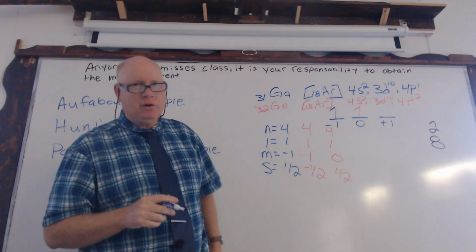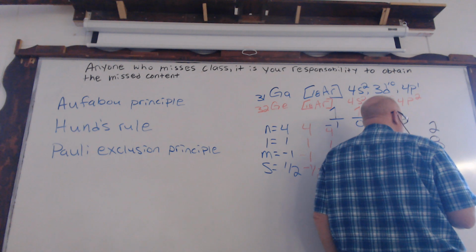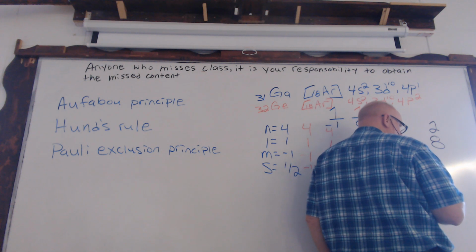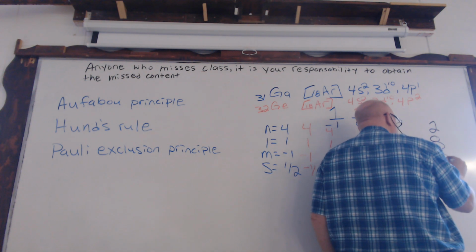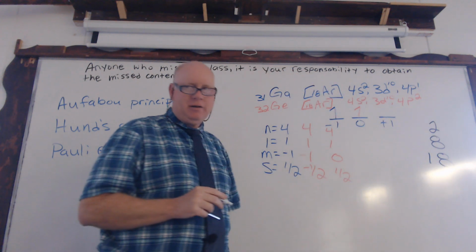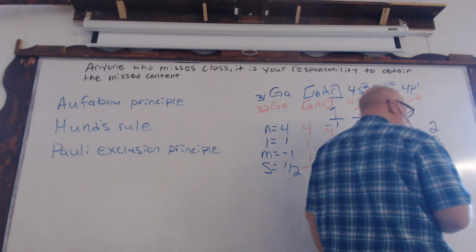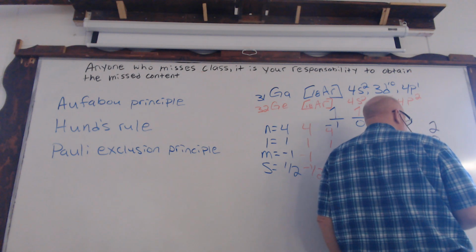Then when you go to the third period, it starts at 3D, so 18. Then the fourth energy level, 18. Oh, it's F. So 32.